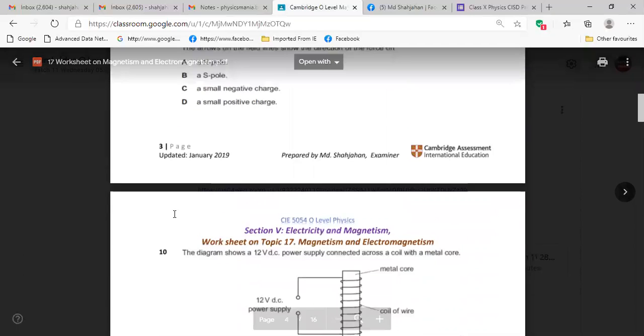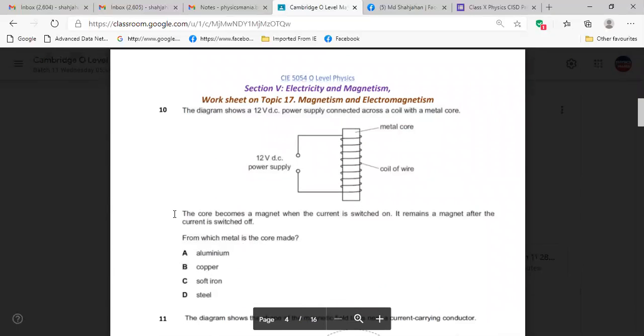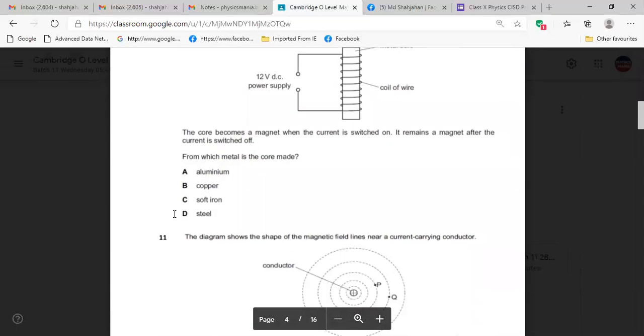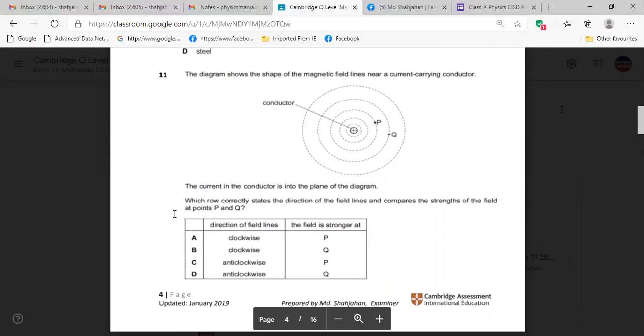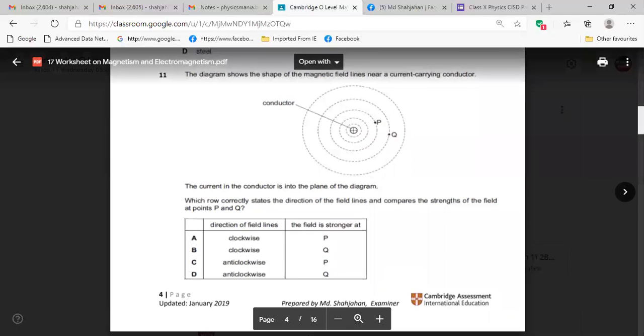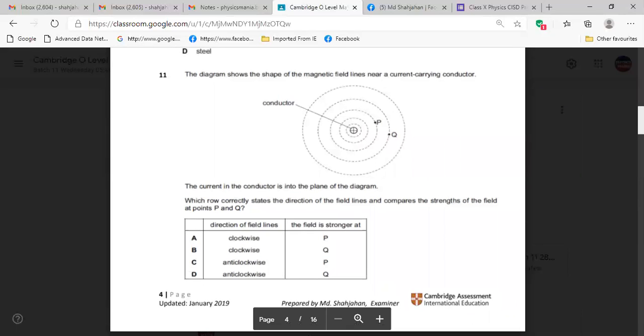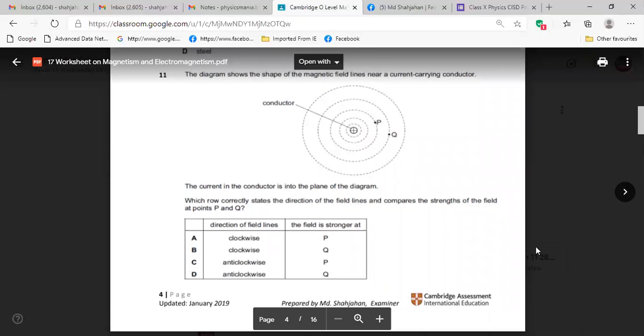Now, question 10. So C. Soft iron is the metal of the core. And if we say coil of wire, that is made from copper, right? Yes. Then 11, this one you know.